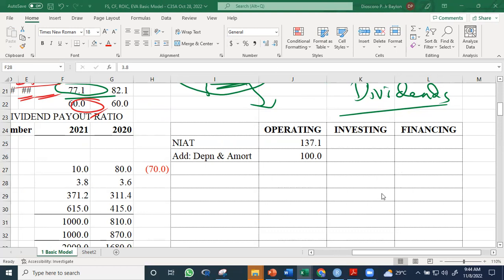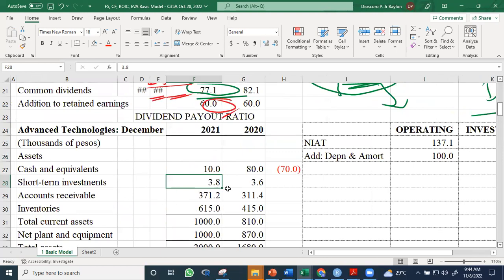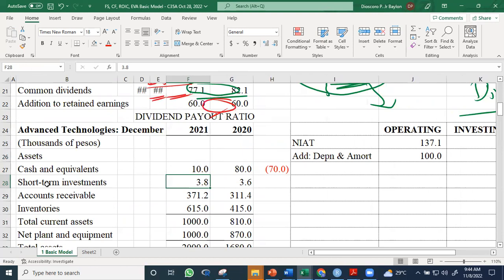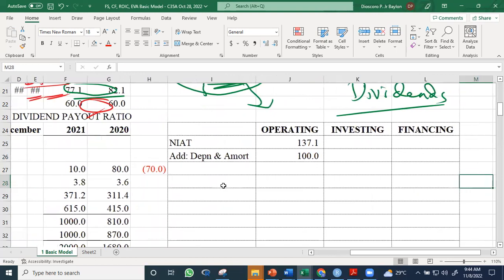Operating, investing. All right, but the answer here is that any interest-bearing account, and short-term investment is an interest-bearing account, should fall under financing.